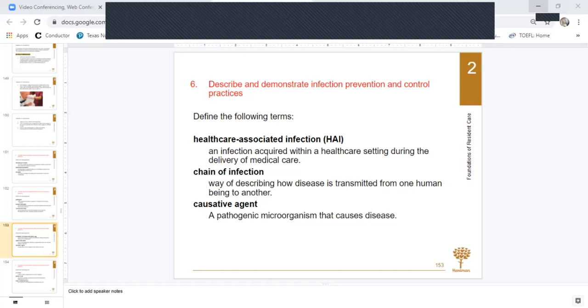A susceptible host is the last thing that a bacteria or virus needs to be able to make somebody sick, okay? How do you know if you're susceptible? Who can tell me if you're a susceptible host?